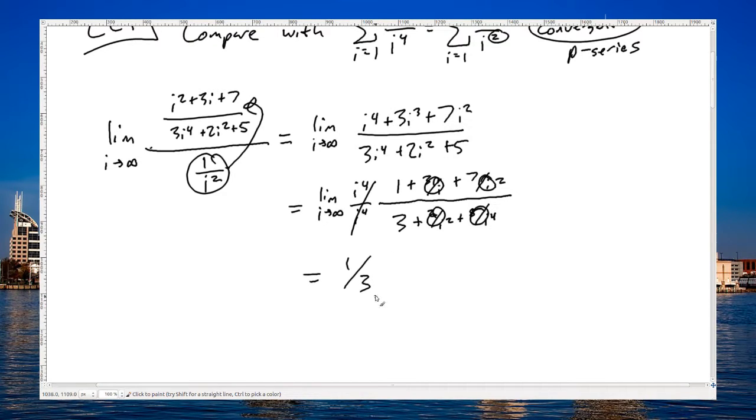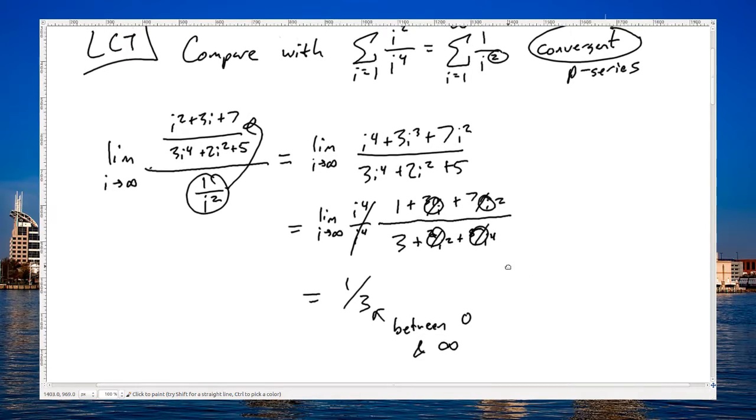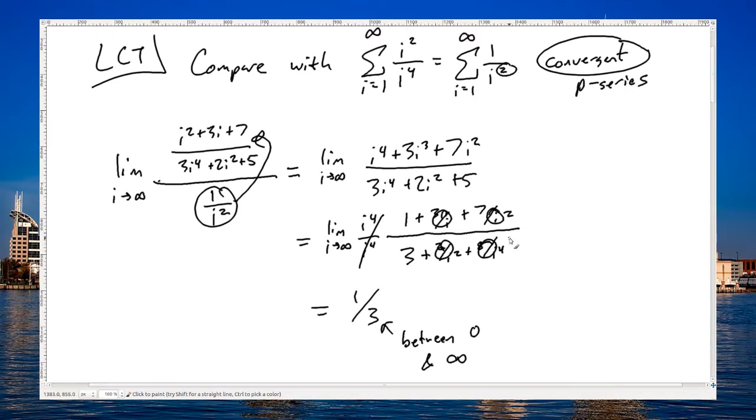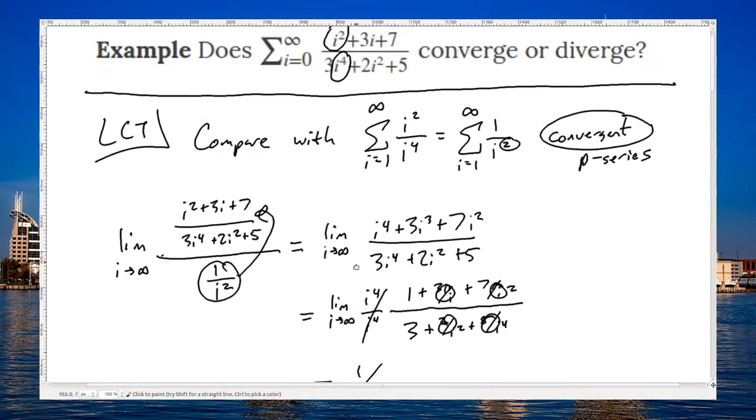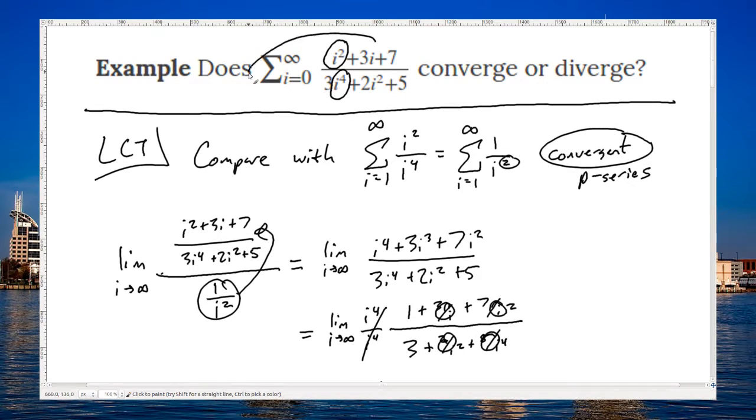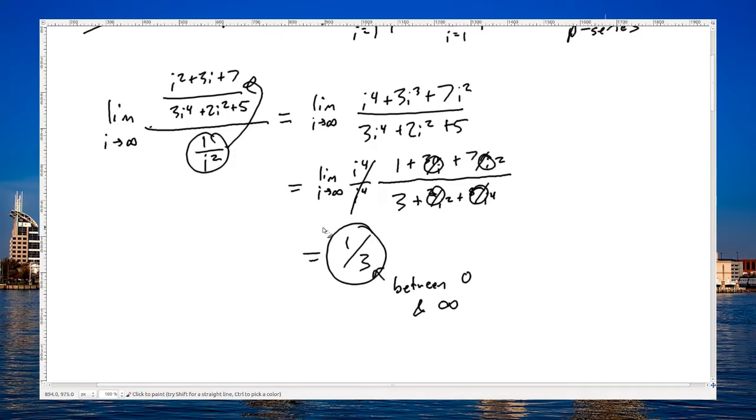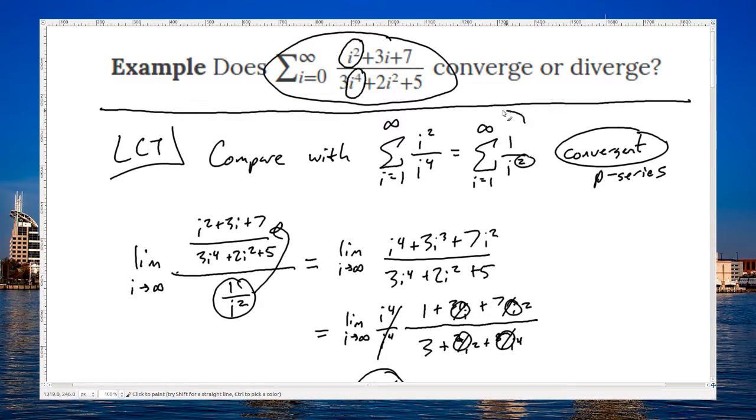And the important thing is that it's between 0 and infinity. It's not equal to 0, it's not diverging to infinity. This is a finite difference. So what does this mean? Basically what this means is that the original series, the one I was asked about, grows at 1/3 the rate of the comparison series. So so what?